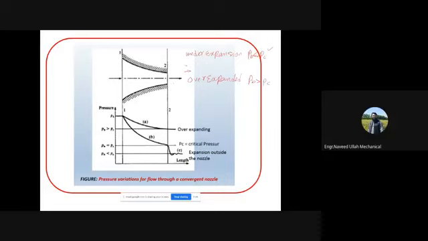So you can say this is the right amount, which we call the design value. So this is under expansion, over expansion, and right amount of expansion, where PB is equal to PC.